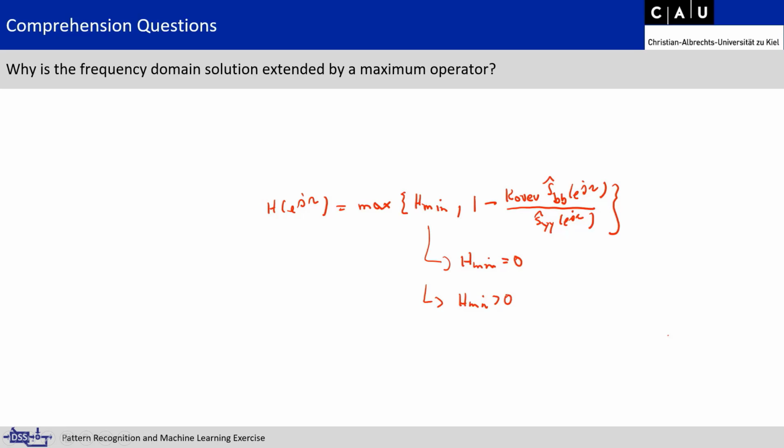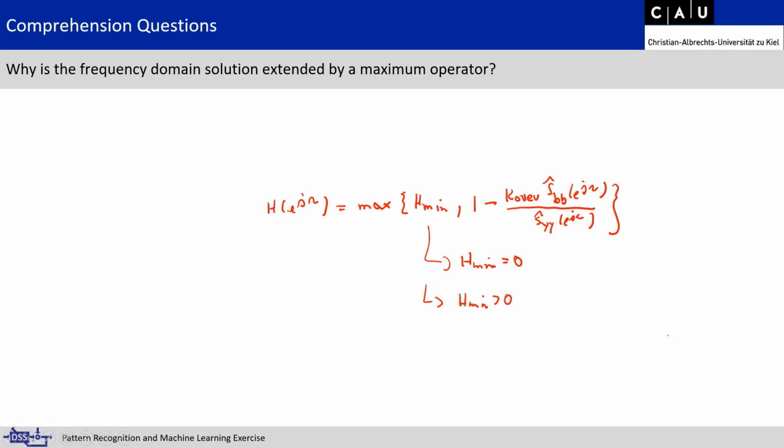And we want to do this because in some cases we might not want to cancel out the undesired signal completely. We want to keep some of the signal, or we don't want to cancel that out at some frequencies. We want to retain some of the information that was there with the undesired signal.